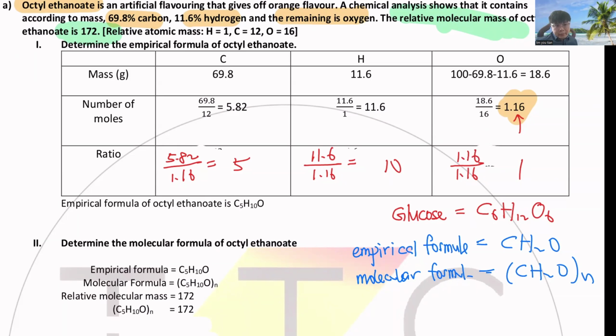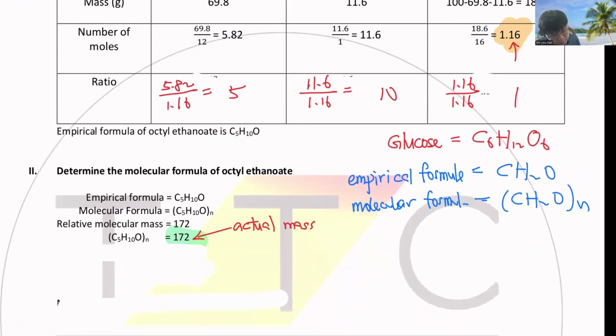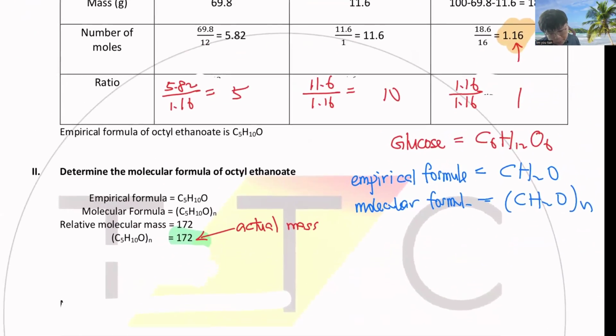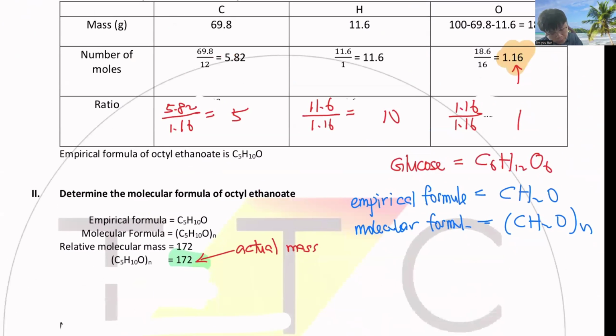So now I put bracket N first because I don't know the actual formula, but I have the actual mass. Then from there, I am able to calculate out the real formula. Get this?